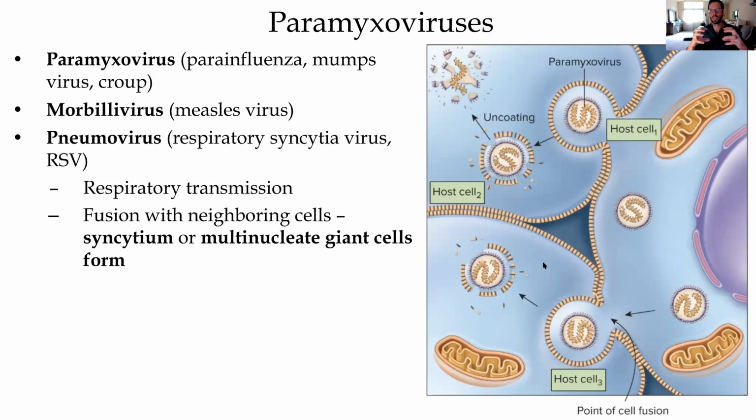And so then you have all these cells kind of stuck together and they're all now infected. And so you get this syncytium as a result. Okay. Do you need to know that paramyxovirus and pneumovirus, like the respiratory syncytial virus, are particularly involved in multinucleated giant cells? No. Do you need to know what a syncytium is? Probably. Okay.